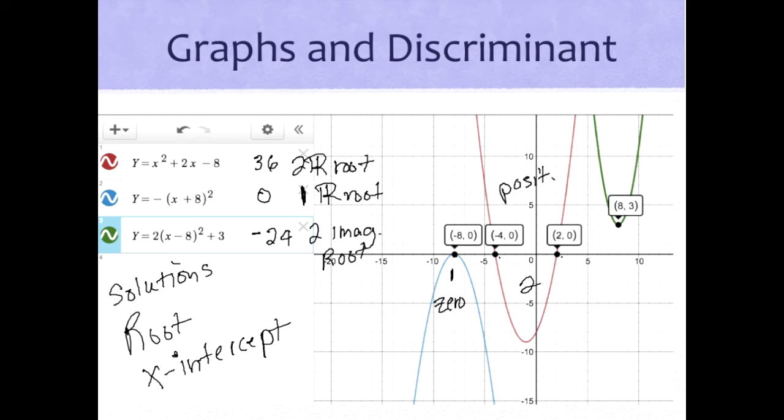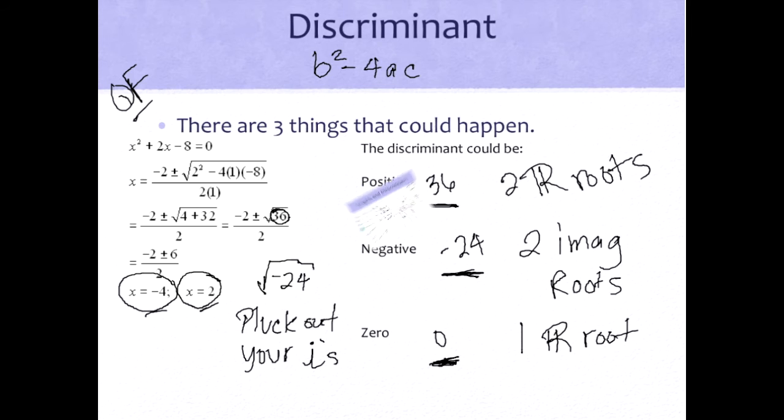That's why when we're trying to find the places where it touches the x-axis, we end up with imaginary numbers, because it doesn't touch the x-axis. So we ended up with a negative discriminant, and that's why there are no real roots, but there are 2 imaginary roots.